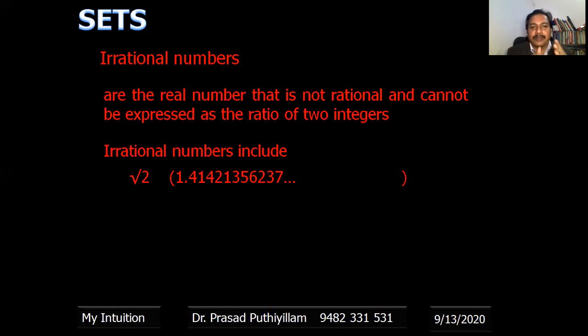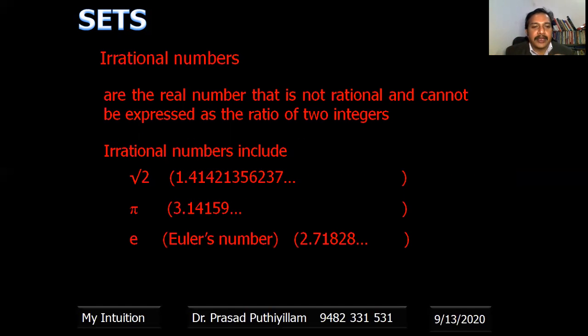Therefore we cannot represent it in the form p by q, because it is a very long number. The number pi, 3.14159 and so on, is also irrational. So many numbers like these are irrational numbers.